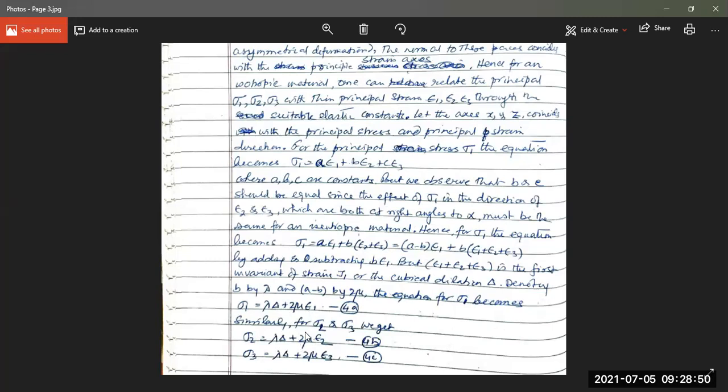Similarly, for epsilon 2 and epsilon 3, we get sigma 2 equals lambda delta plus 2 mu epsilon 2, and sigma 3 equals lambda delta plus 2 mu epsilon 3. These three equations are equally important for our next point.